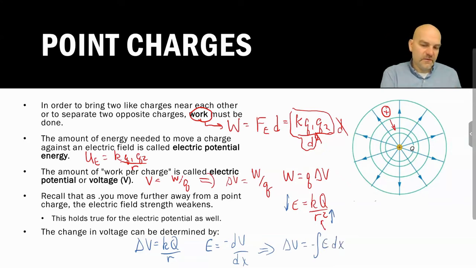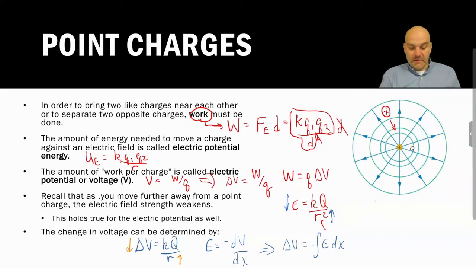So I'm showing you that here, but this is going to be applied in a couple of videos when we talk about Gauss's law and electric flux. That's going to be an important equation. But you can see how related they are. You've got kQ over R for one, and kQ over R squared for the other. So as I increase R, that delta V is going to go down.